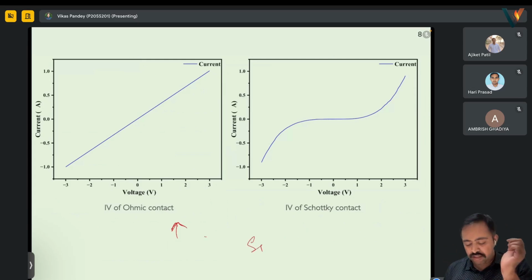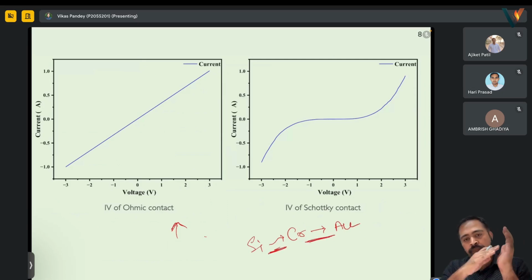If it is silicon, then some other material with a phi b that is very small, say chromium, and then on top we deposit gold. When each difference is small, the current flows properly, the barrier will be very low, and overall we get an ohmic kind of current like we are getting here.